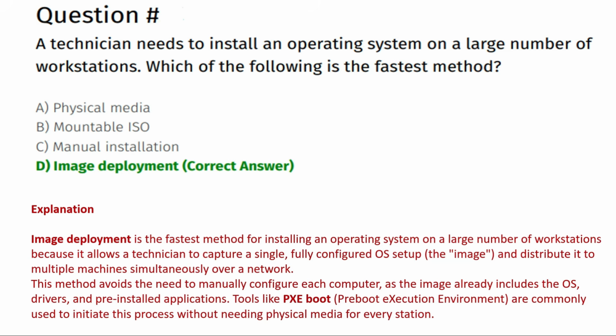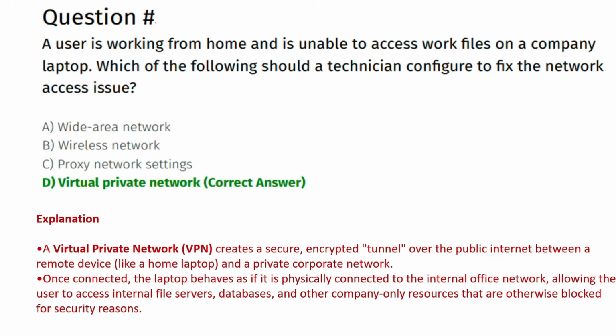This method avoids the need to manually configure each computer, as the image already includes the OS, drivers, and pre-installed applications. Tools like PXE boot, pre-boot execution environment, are commonly used to initiate this process without needing physical media for every station. So that's why the correct answer for this question is option D, image deployment. So let's move to the next question.